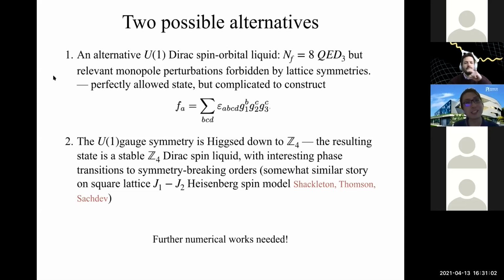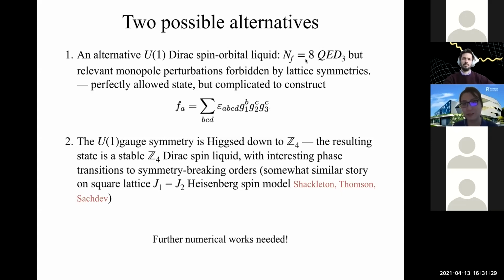So the first one is that it turns out you can do a more complicated parton construction to get an alternative U1 Dirac spin orbital liquid. So again, the low energy theory is described by 8 flavor QED3, but now in this theory, all the monopole perturbations are forbidden by lattice symmetries. So it's a perfectly allowed state, but even conceptually to construct it turned out to be pretty complicated.